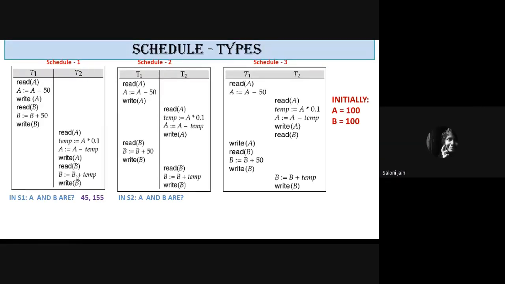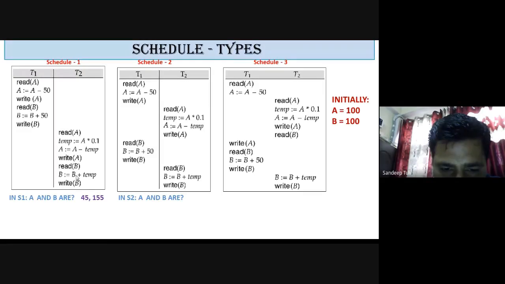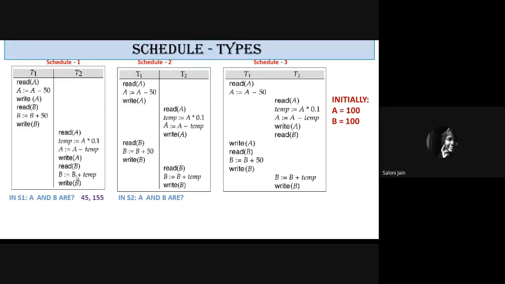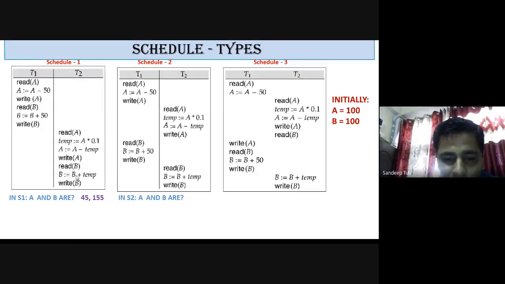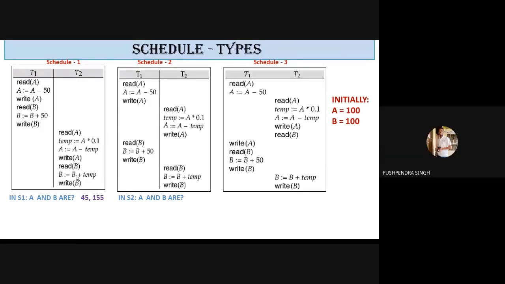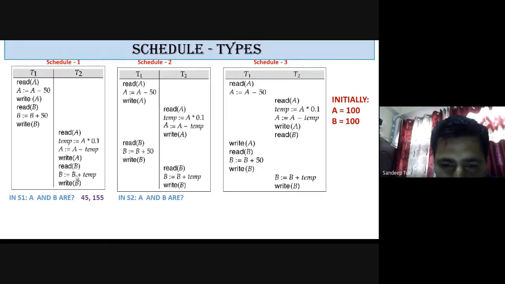Who was the first one to answer? Please say your name. Ayush Jain. Ayush, 45 and 155. Is it okay? Yes, sir. All need to say yes. So it is 45 and 155 again.